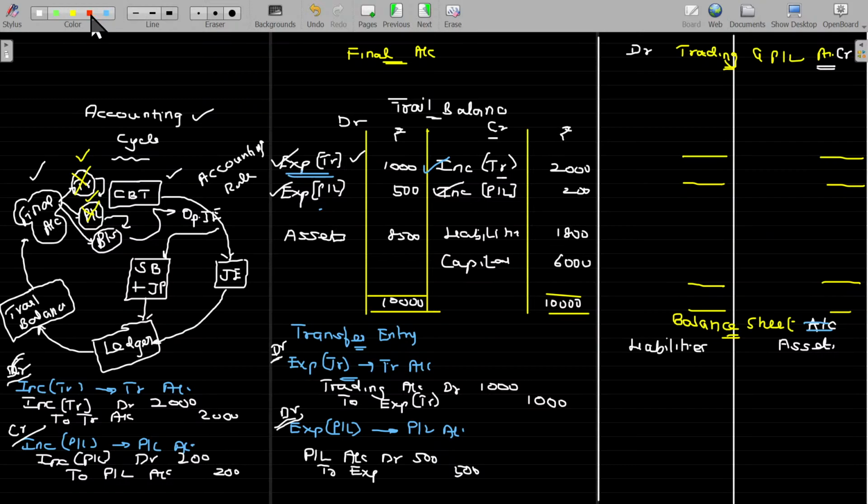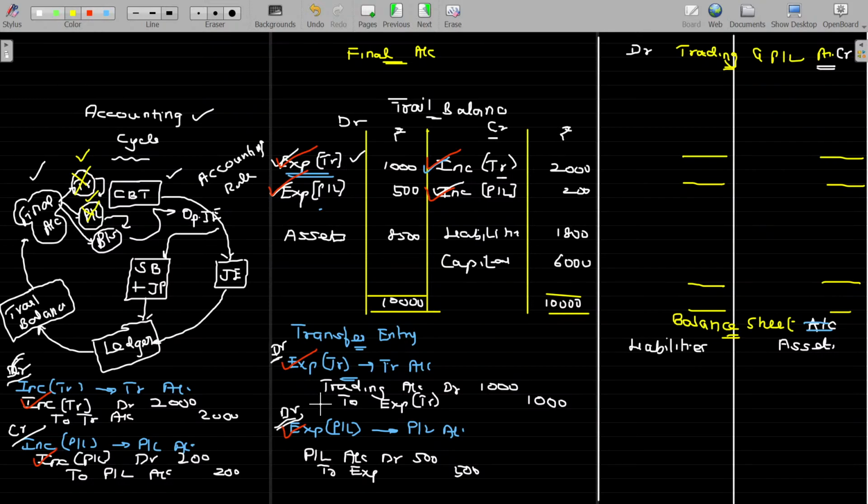Remember, by posting this, the expenses trading account is eliminated. Expenses P&L account got eliminated. Income trading got eliminated. Income P&L account got eliminated. And what are the leftover accounts we have?